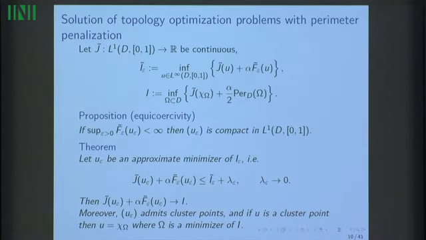Okay, so now what do we do in practice? We want to minimize, in fact, something. So we have a cost function plus regularization by the perimeter. You replace this by the approximating functional, and normally at the beginning you have a cost function which is defined on the set of domains, but you have to extend it in some way to the set of functions with values between 0 and 1.